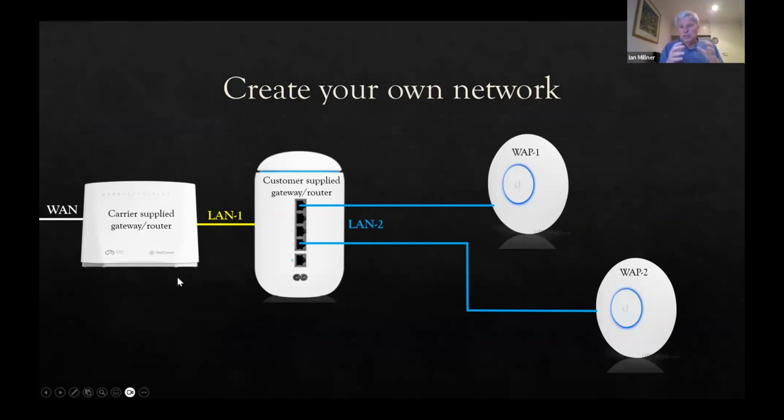The flip side, and I'll again go back to one of these options here. The reason some people go for this option is because when your carrier service goes down, so for example, your broadband service goes down, the WAN goes down, then this device typically prioritizes all its resources to getting that link back up, because that's its primary job, to connect you to the broadband. Which means that on the LAN, on this side of the network, it will stop talking.